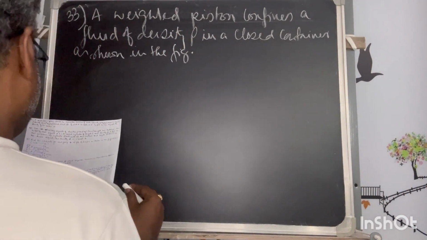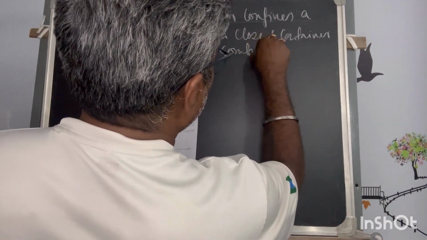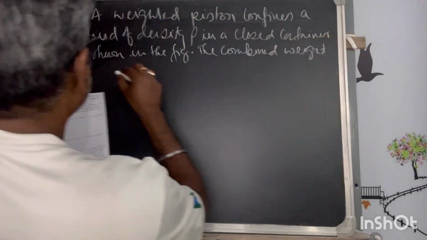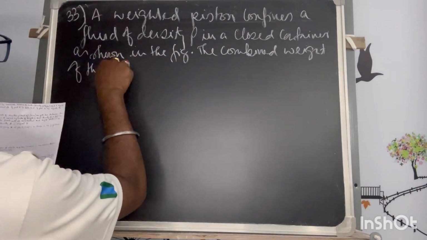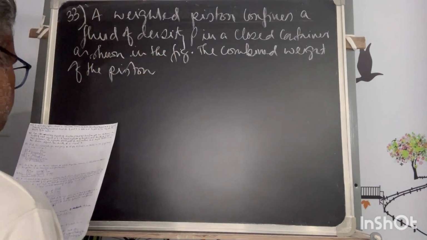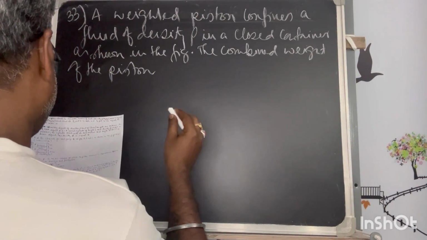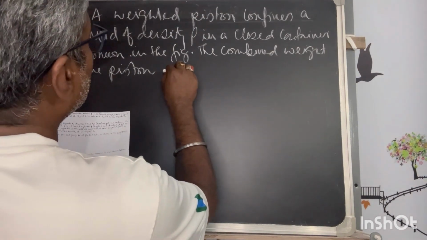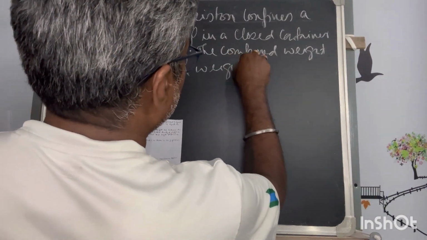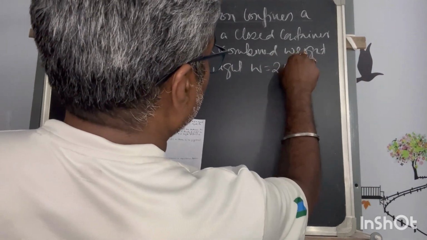The combined weight of the piston and weight, that means some additional weight is kept on the piston, all together is weighing 200 Newton.